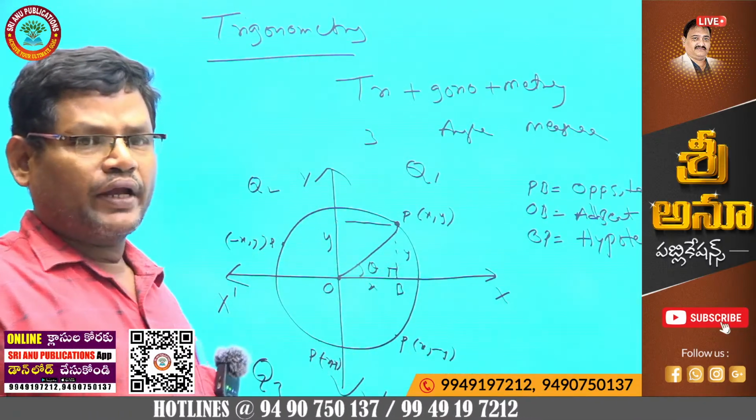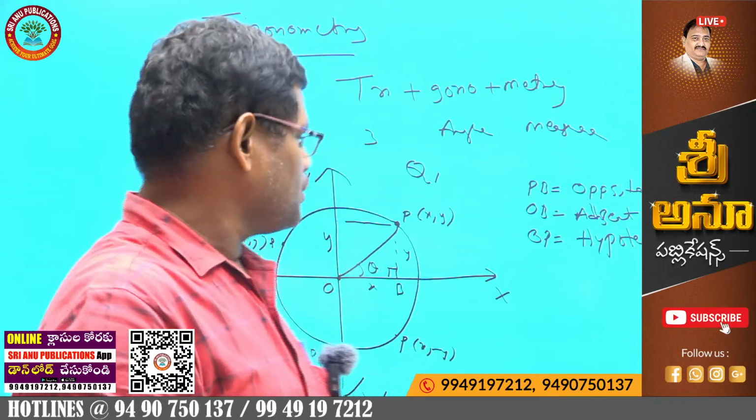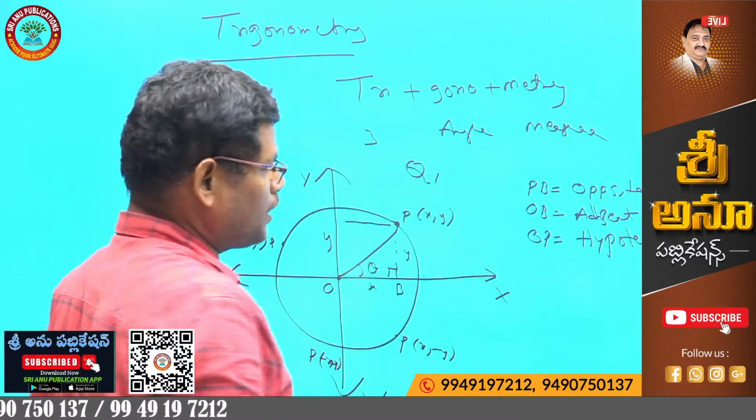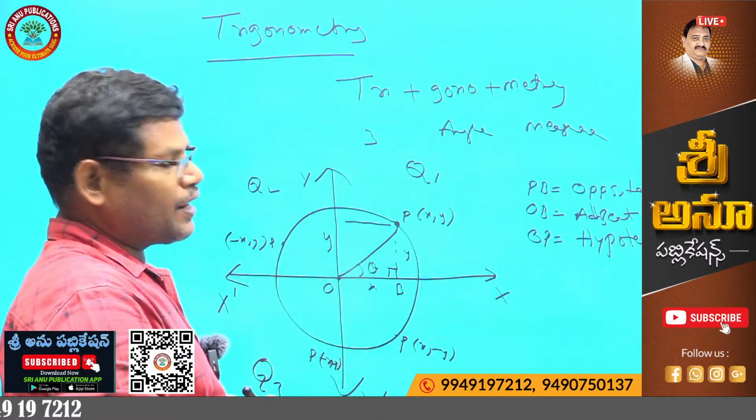Okay, so we can discuss a little bit about trigonometry. In this one we have the opposite side, adjacent side and hypotenuse.